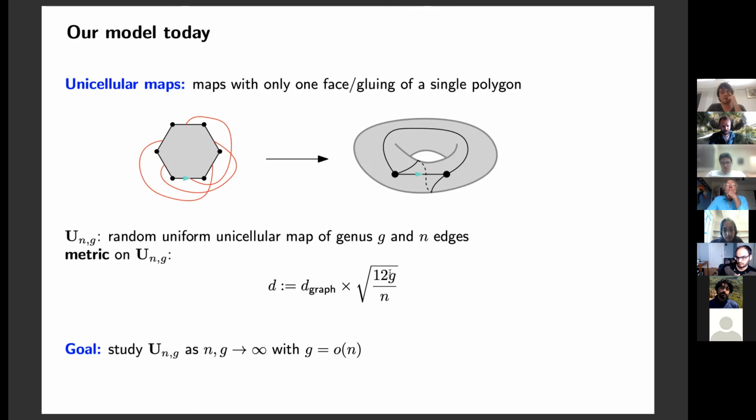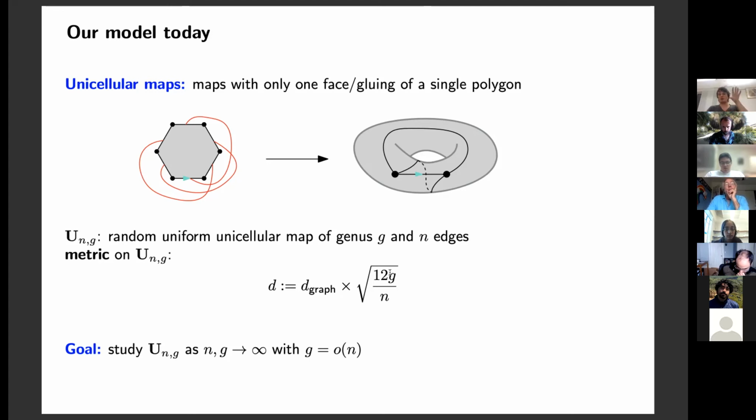What I can tell you is that the cycles in the unicellular map, they're always non-contractible and non-separating, because otherwise that would not be a map with one face. So this is in fixed genus, so you can prove a lot of things about scaling limits. And you can prove, for instance, that the scaling limit of the object has the same topology as it's supposed to be.